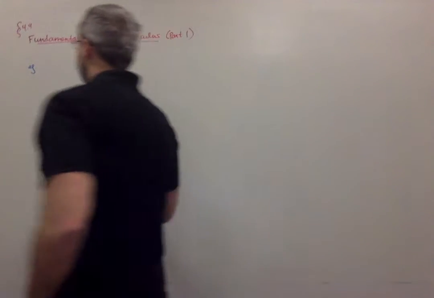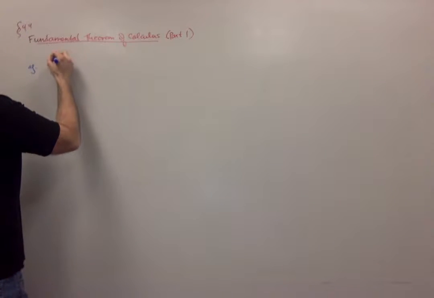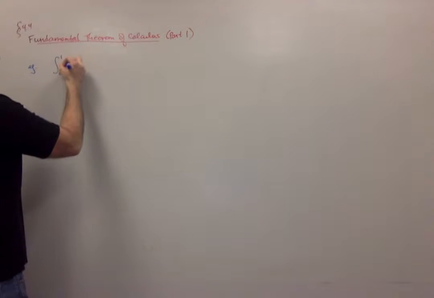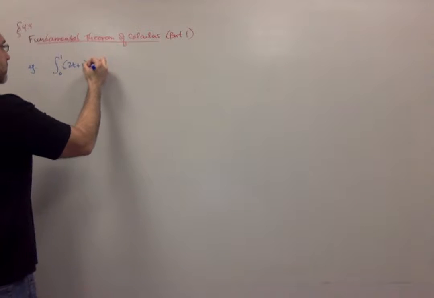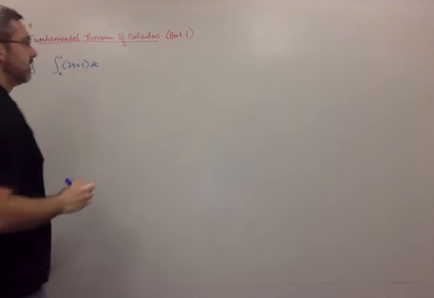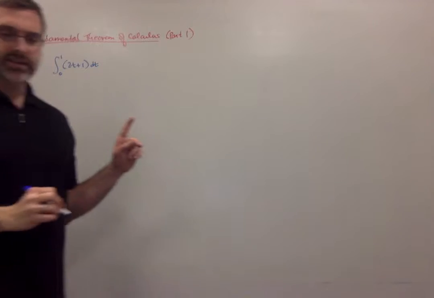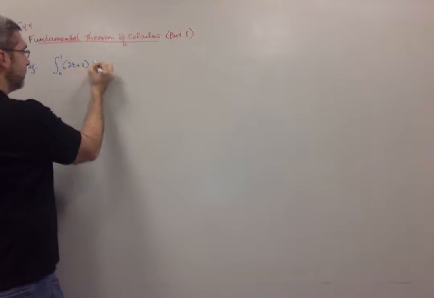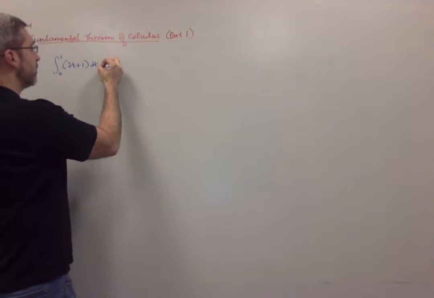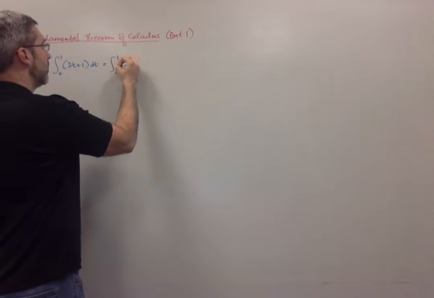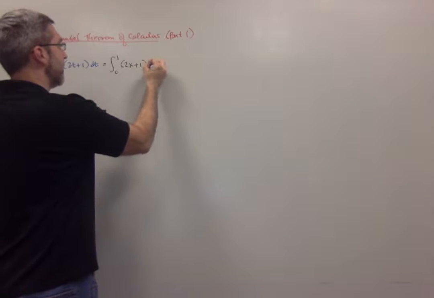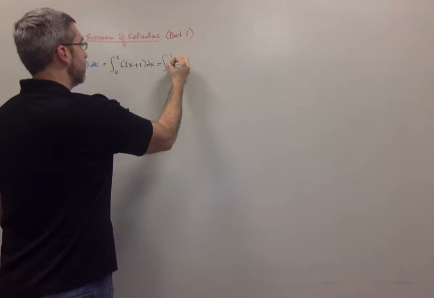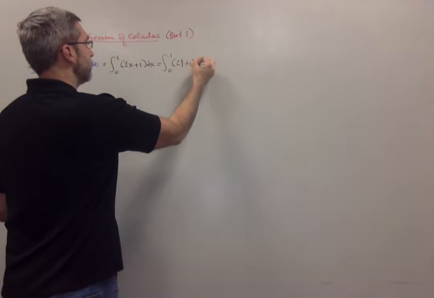Okay. So I want us to calculate, first of all, the area from 0 to 1 under the function 2t plus 1 dt. One thing I immediately want to say is that because I'm going from a number to a number, the result of this is going to be a number, and so it doesn't matter whether I use 2x plus 1 dx or whether I use 2 squiggle plus 1 d squiggle.